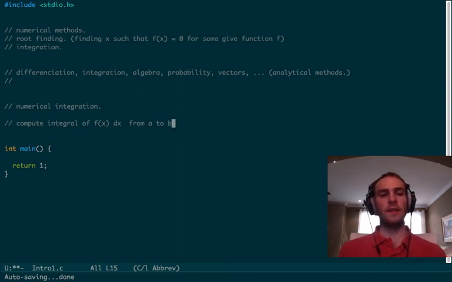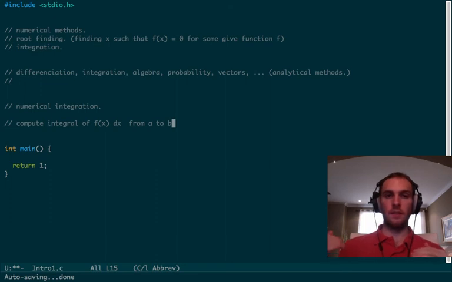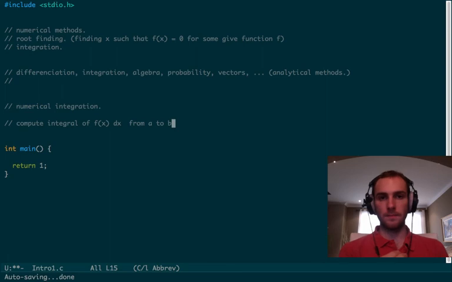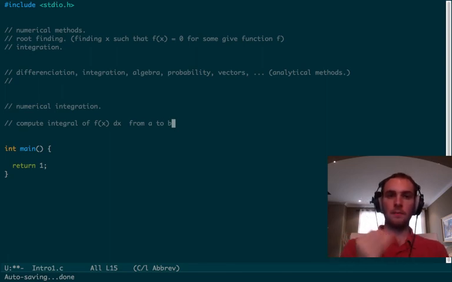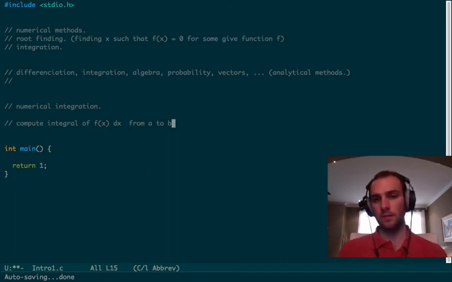Integration is the ladder by which we start with force being proportional to acceleration, and we go by integration all the way down to position. That's one way of solving this problem, but there are lots of applications.